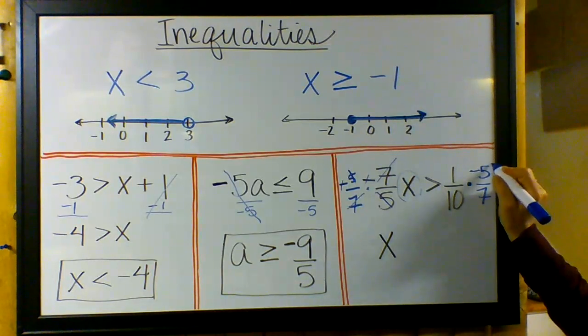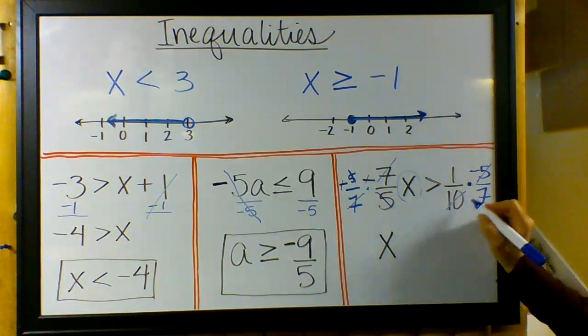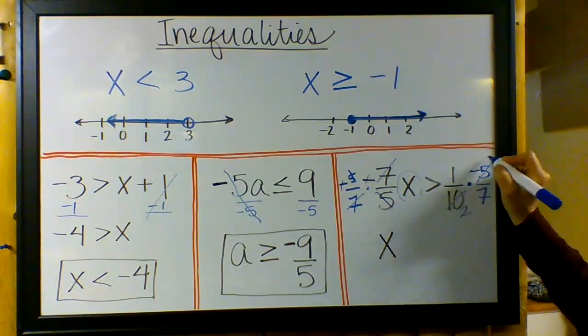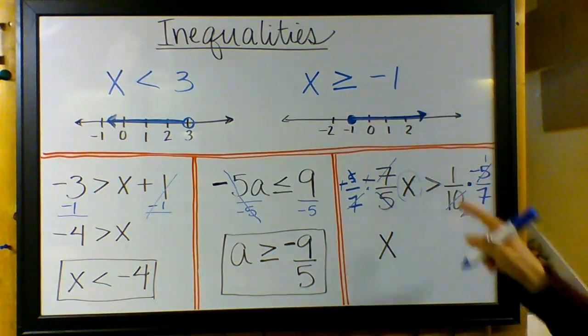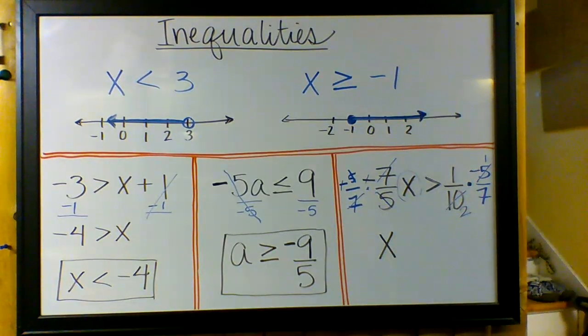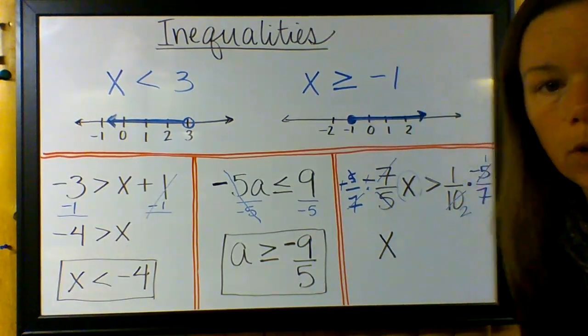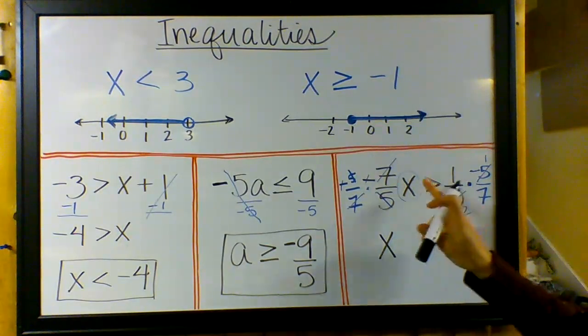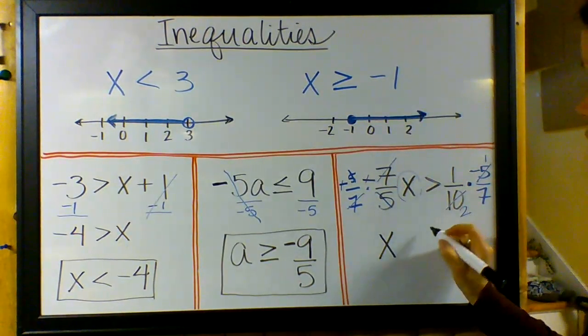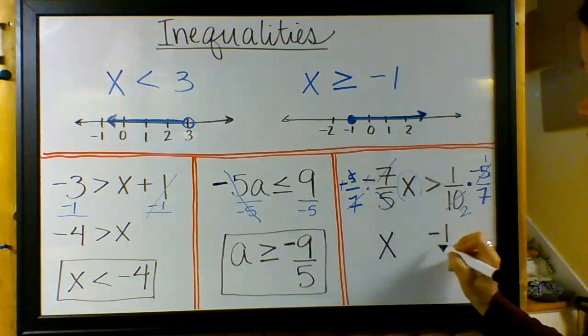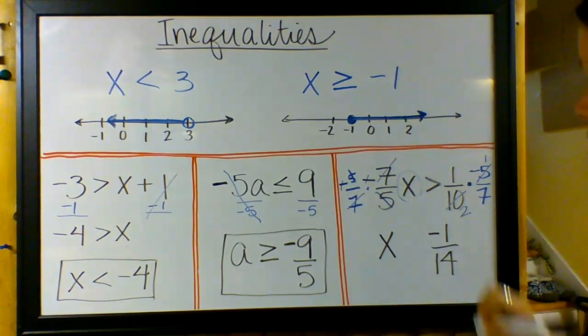So I'm going to reduce this 5 and this 10. And I'm going to come out with a 2 down there, right? A 1 up there. So on this side, it looks like I've got a positive times a negative is a negative number. So let's remember that, right? So I've got -1 in the numerator and 14 in the denominator.